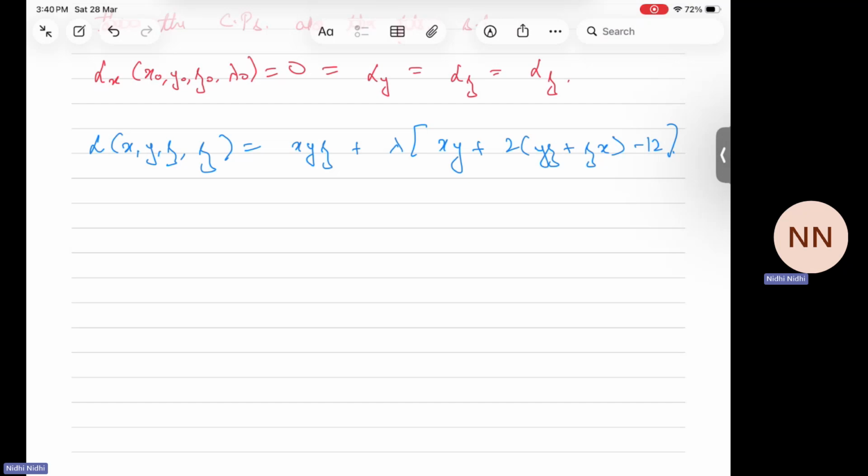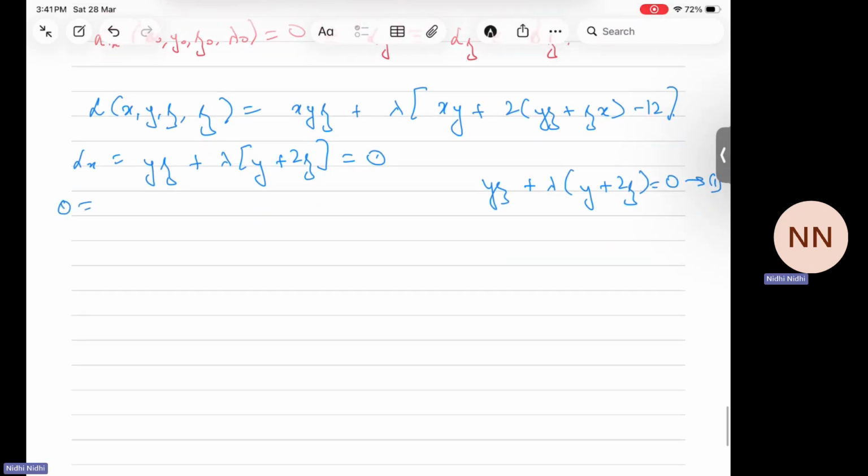So firstly, the partial derivative with respect to x, Lx, is equal to yz plus lambda times y plus 2z. This is equal to 0. That means our first equation is yz plus lambda times y plus 2z equals 0. We mark this as 1.